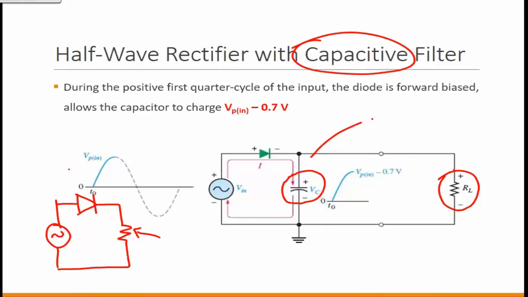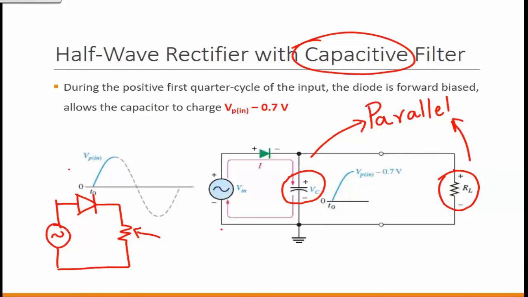It is connected in parallel because it's sharing both ends, correct? What is going to be the same in parallel? The voltage is going to be the same in parallel, meaning that whatever the voltage on the capacitor is, the same voltage will be available on the resistor since they are placed in parallel.